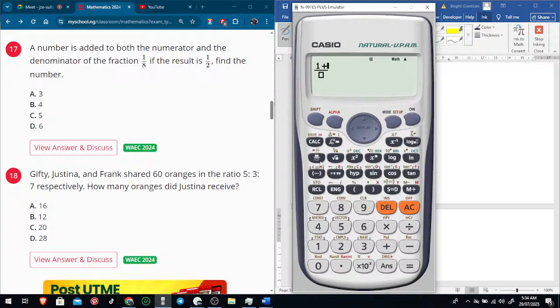So 1 plus x, and the same number is also added to the denominator. And the result is half. What will be the number? Shift solve, equal to 6. Are we okay?